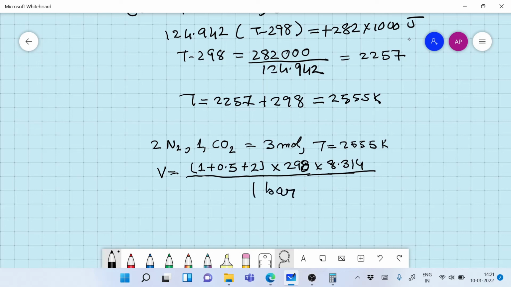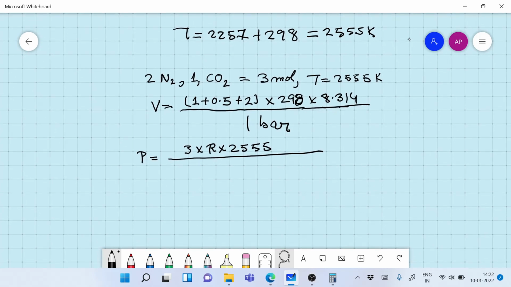Now the final pressure is going to be nothing but equal to the final moles, which were 3 moles, into R into 2555 divided by V. That is 2 plus 1, 3, into R into 2555, divided by 3.5 into 298 into R divided by 1 bar.